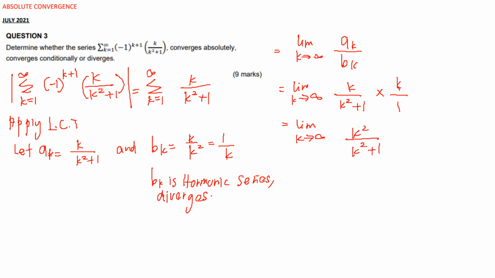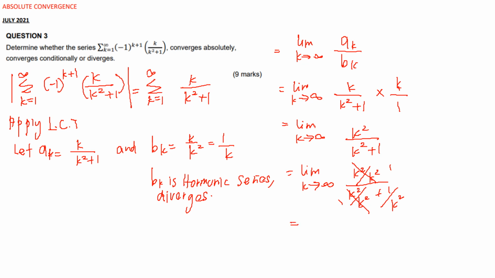After that, you have to solve this by dividing by the highest power. So the limit as k approaches infinity of k squared divided by k squared over, plus 1 over k squared.